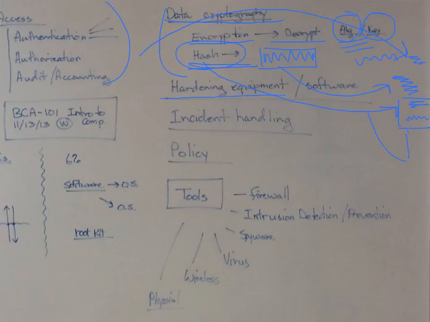Hardening equipment: the idea is to remove all the vulnerabilities of equipment in terms of security. A simple thing, like if they don't need to use a USB drive, you could disable all the USB drives so somebody can't stick a USB drive in. That's a simplistic one, but there are all kinds of things you can do to harden the equipment so it's not as vulnerable to attacks or things going wrong.